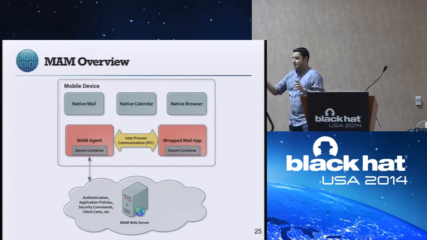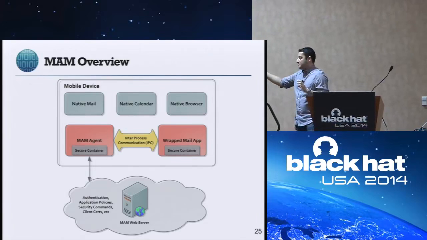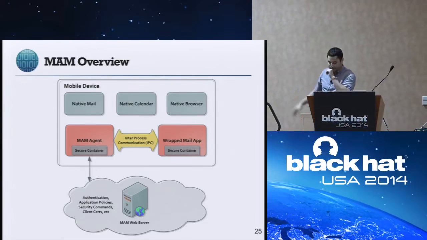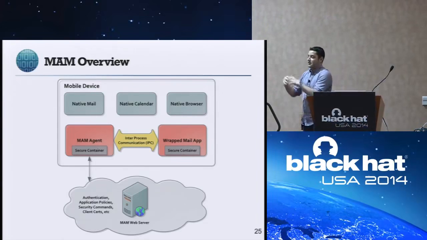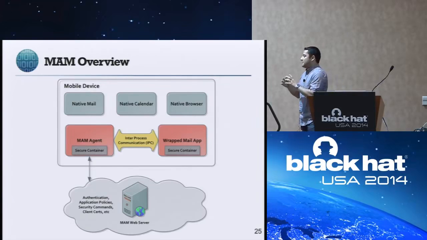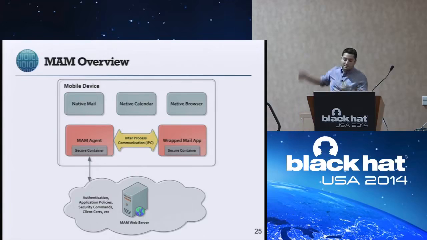So a custom mail app, a wrapped document viewer app, a wrapped address book, or whatnot, right? And these are going to be secured. These can enforce actual policies. Those can enforce data protection. However, what you don't want is any scenario where I can go from one of those wrapped apps out into a native app, because now I can't control that data anymore.